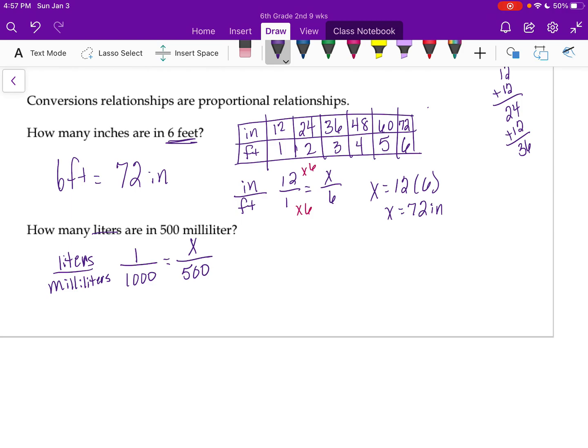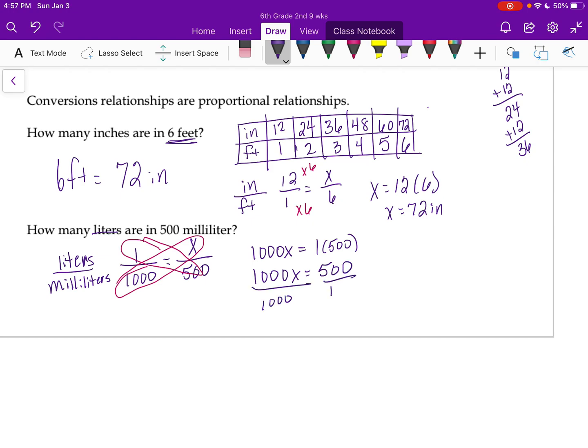All right, let's cross multiply on this one. So remember, when we cross multiply, we multiply the diagonals. So 1,000 x equals 1 times 500. So 1,000 x equals 500. Divide both sides by 1,000, because 1,000 times something will give me 500.